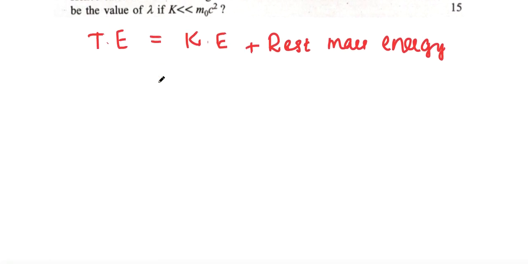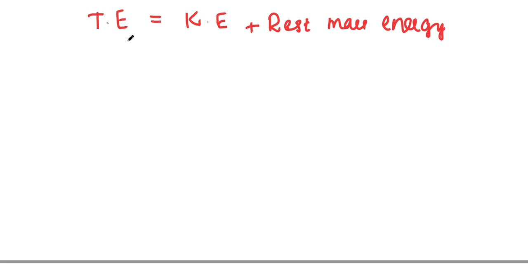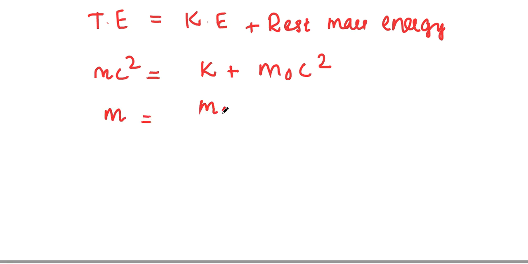So we know that the total energy is equal to kinetic energy K plus m0 c square. That is equal to mc square, the total energy. Now we know that m is equal to m0 by root of 1 minus v square by c square.